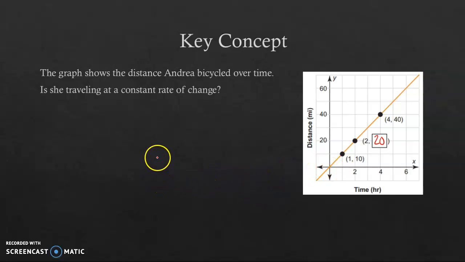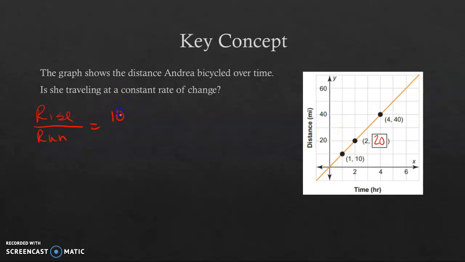So what we're going to do first is we're going to find the rate of change from 1 hour to 2 hours. And so rate of change is finding our rise, our vertical change over our horizontal change. So our rise over our run. And so when I go to find my rise, we're going from 10 to 20. So that's a change of 10.